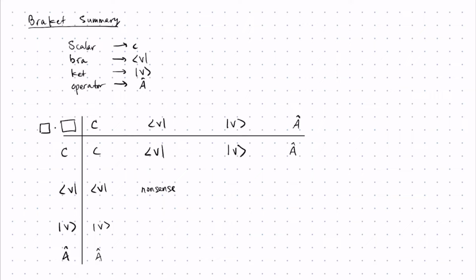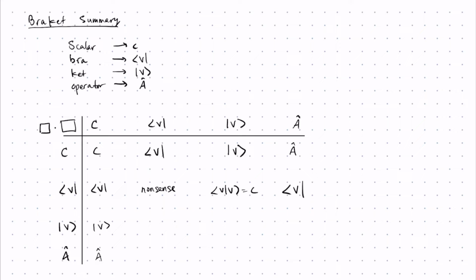Okay, but now if we multiply a bra by a ket, we have a bra-ket, which is a scalar. And then finally, if we multiply a bra by an operator, right? An operator is something that transforms a vector into another vector, and so this would remain a vector.